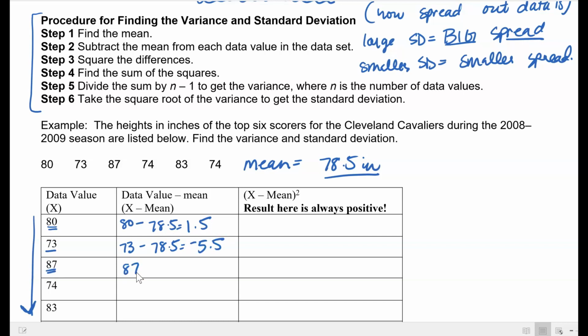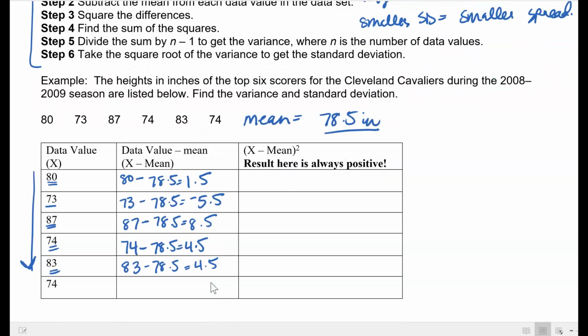Data value minus the mean, and then we'll do one more here. And then we've got our last data value, so 74 minus 78.5 equals negative 4.5. So you'll notice some of them are positive, some are negative.